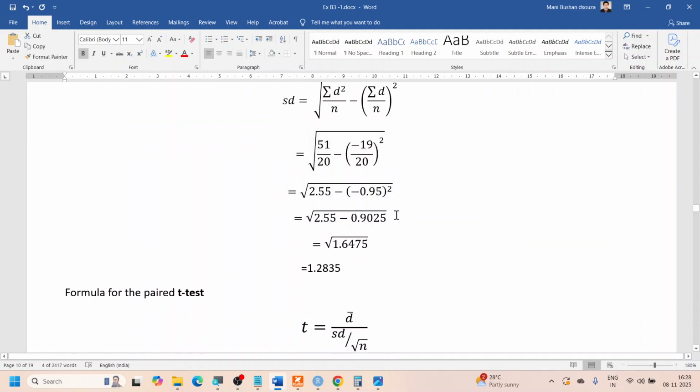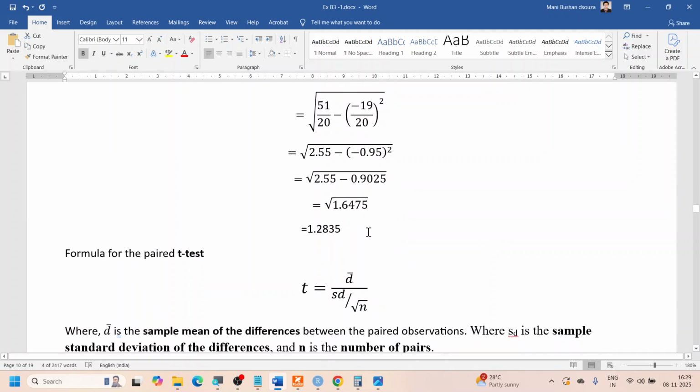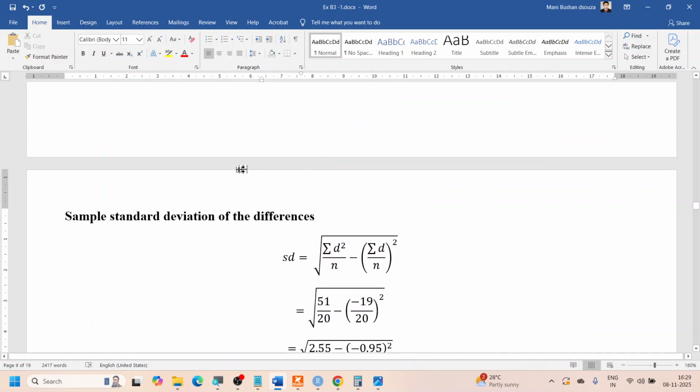So find the square of that and subtract it, and then find the square root of it. So you are going to get the value 1.2835 as your sample standard deviation of differences.